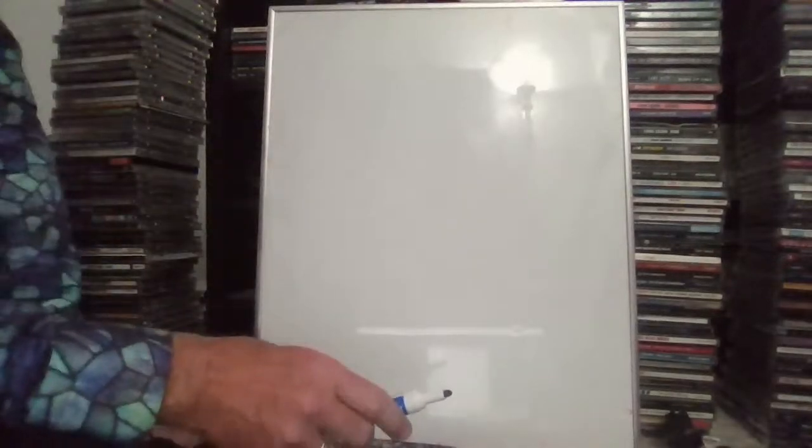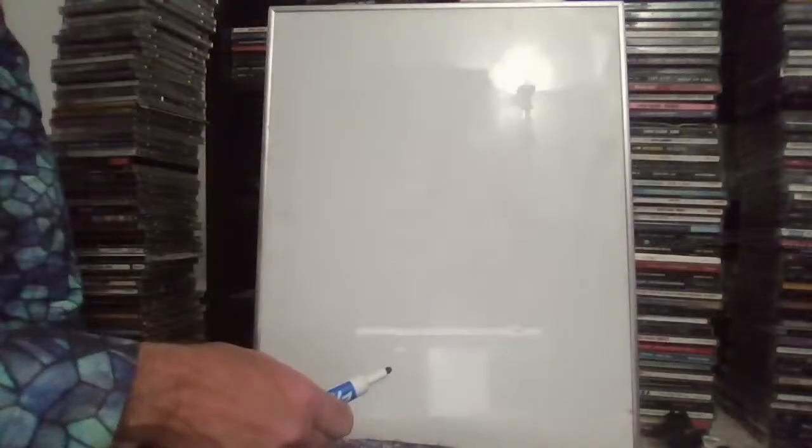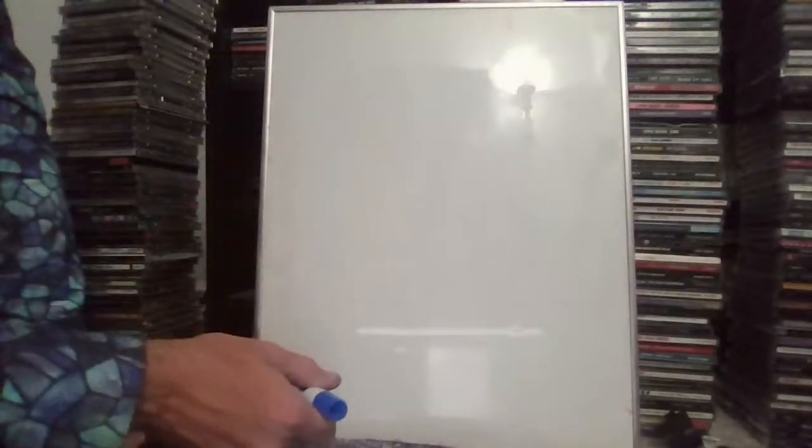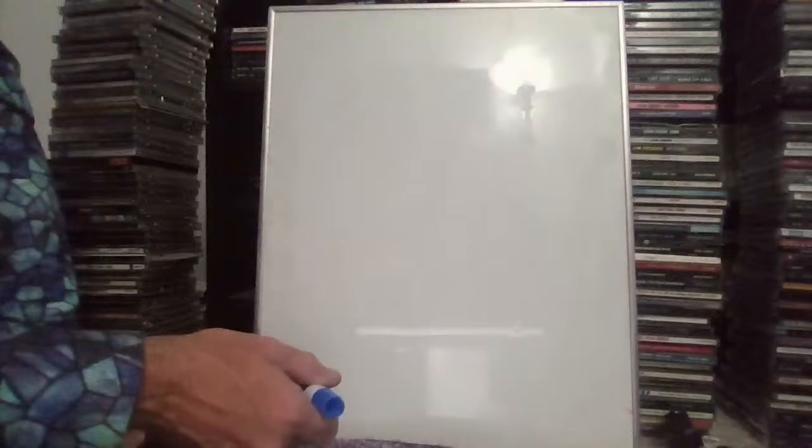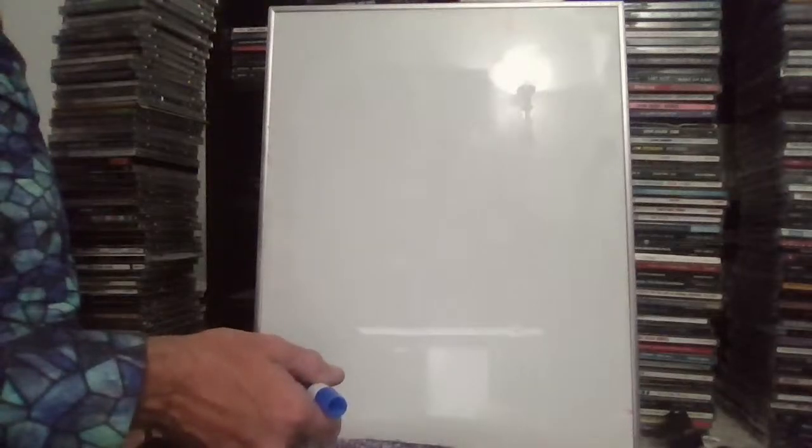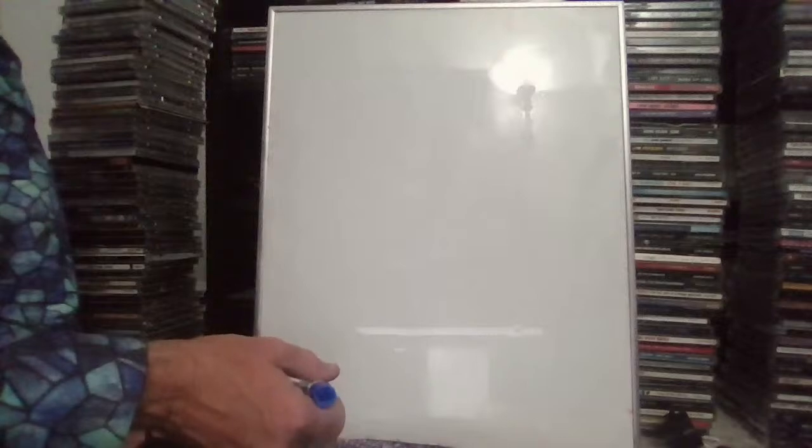So now we're getting ready to have something called the complex plane. I think it's called the Argand diagram, something like that.